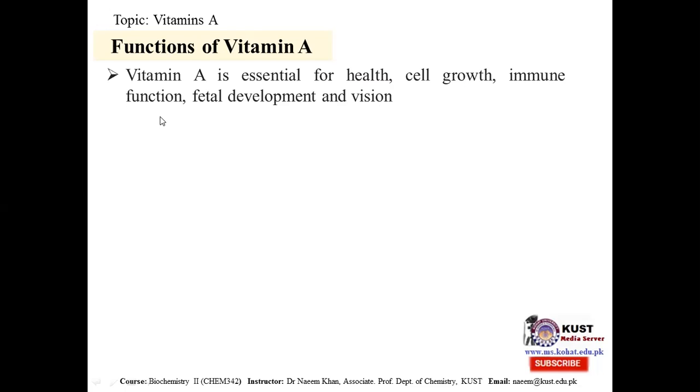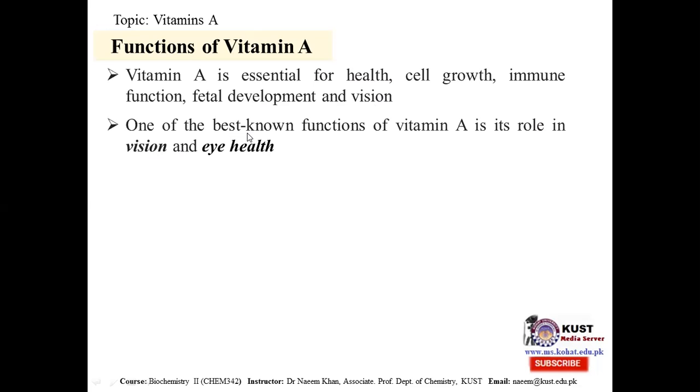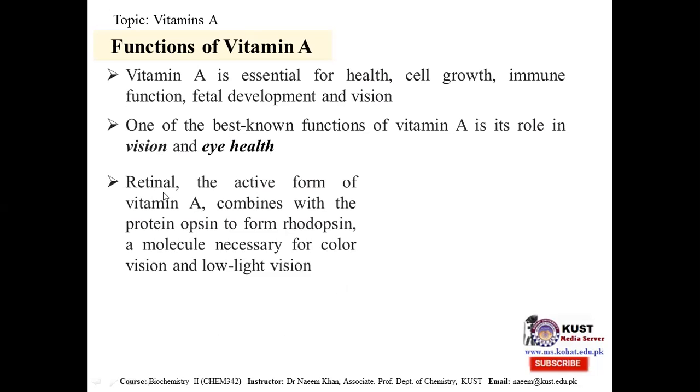The immune system depends upon vitamin A and the fetal development. But the prime function of vitamin A is that it is more known for vision, eyesight. One of the best known functions of vitamin A is its role in eye health. For the vision and eye health, this is a very important function of vitamin A.